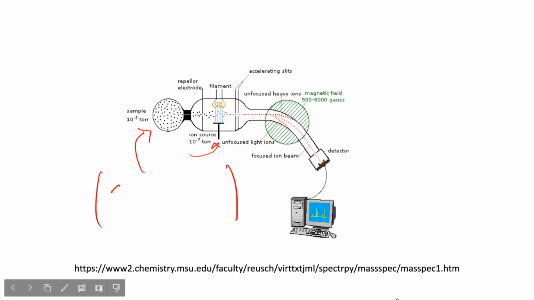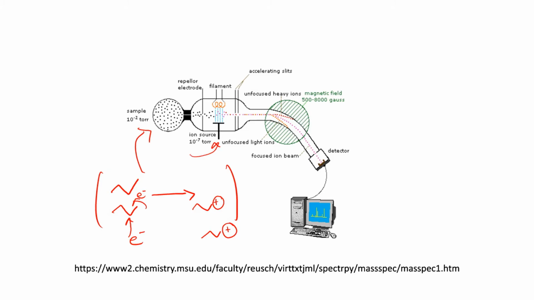So this is the molecule of your sample. So you have electrons bombarding and colliding with it, and it breaks it apart to form fragment ions. So you have something looking like this. And this occurs in the ionization chamber. Ionization, first step of mass spectrometry.